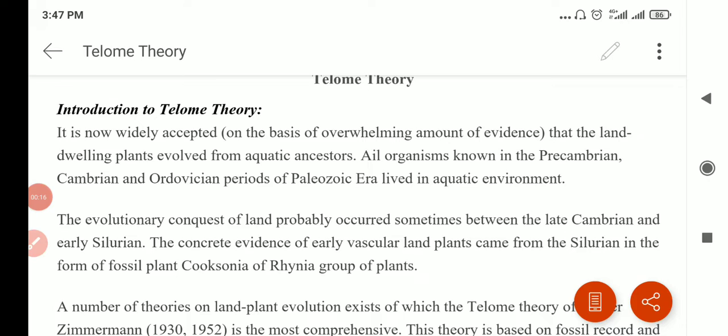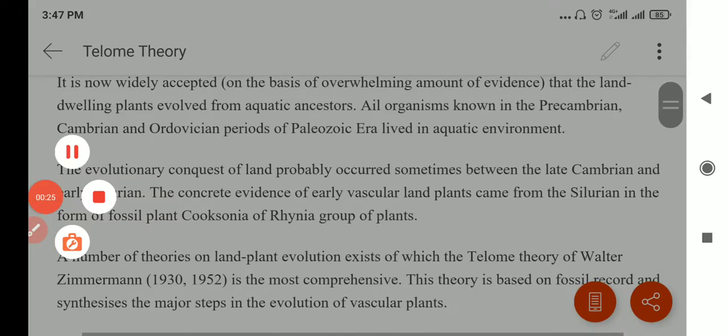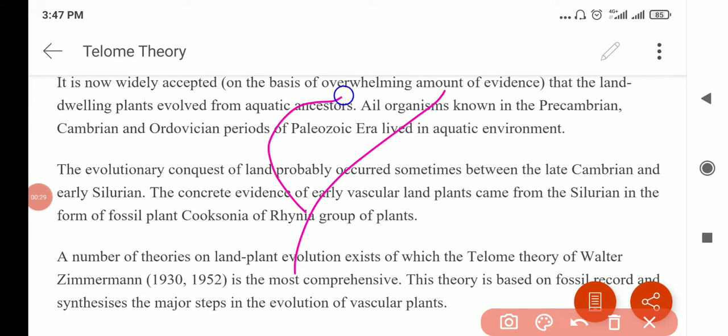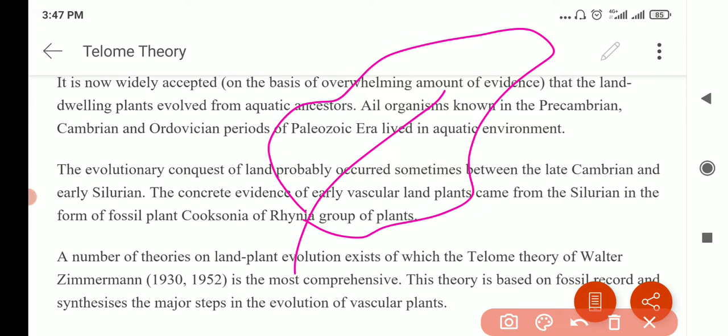Yeah, as I was saying, the telome theory tells us how the leaves of the higher plants came about, no? So we know this is the leaf, okay? But the scientists say that they had an ancestor, and this ancestor was a fern-like plant.